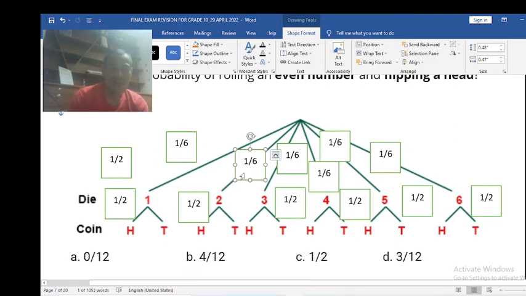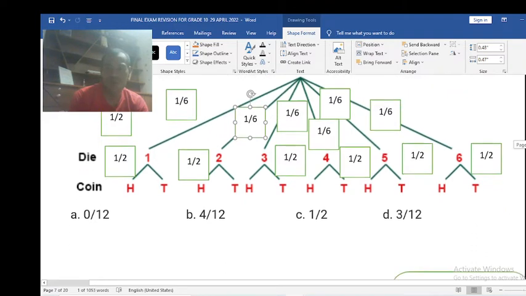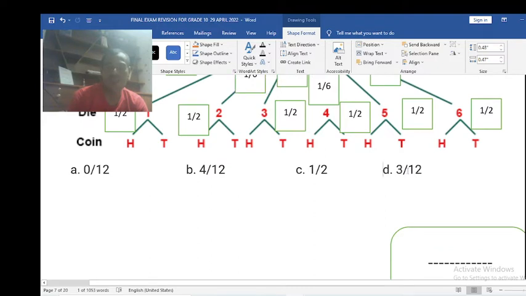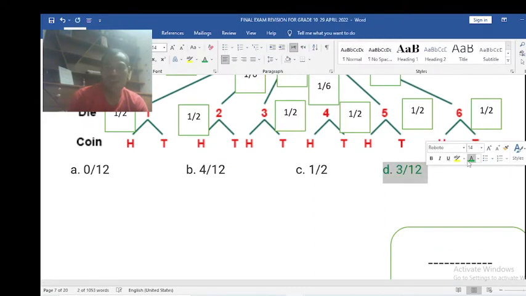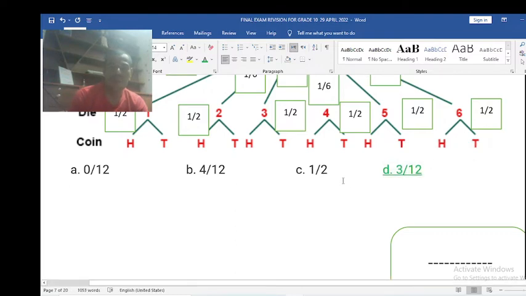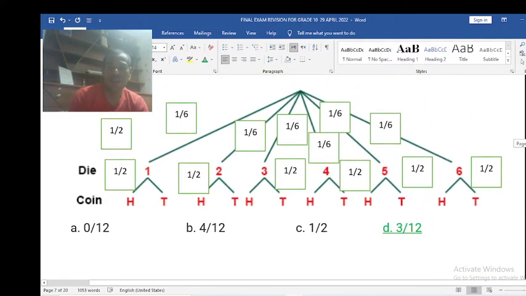So the probability is the product of these plus the product of 1/6 multiplied by half plus the product of 1/6 multiplied by half, which gives 1/12 plus 1/12 plus 1/12, giving 3 divided by 12. So this, learners, is the correct answer. Either head or tails, you will have the same answer. Why do we divide by 12? Because the possible outcomes are 6 multiplied by 2, which is 12. Clear?